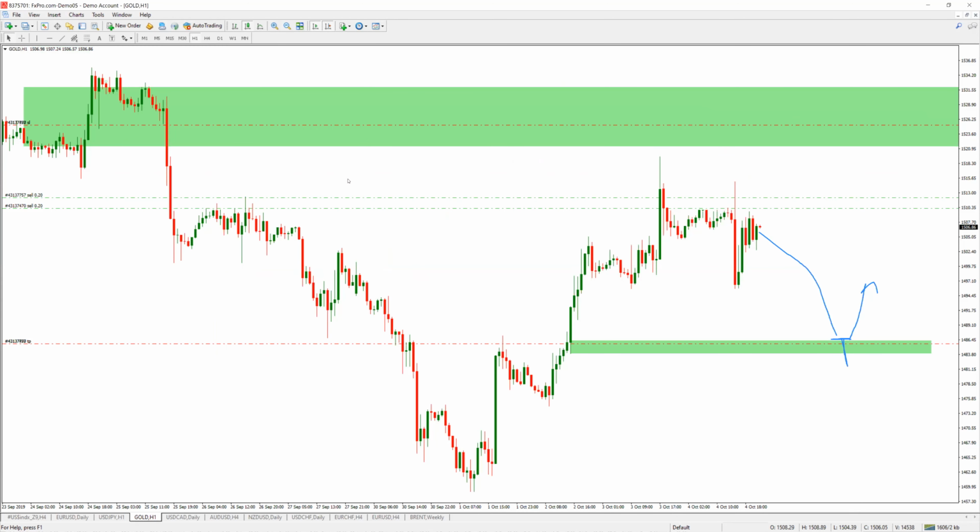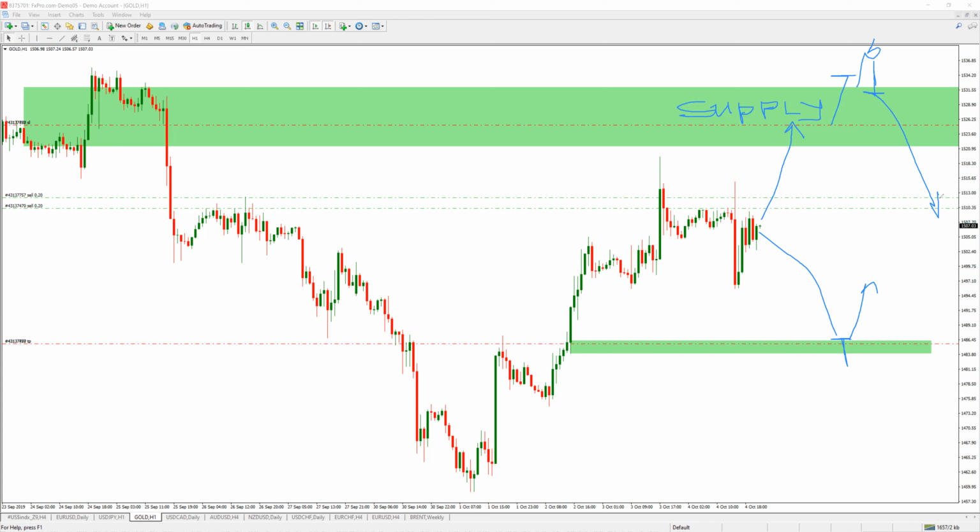Every time gold rallies up into this supply zone here, you expect 1531 to be tested, right? If it closes above 1531, then you know that it's going to go all the way to the upside. But if it rallies and then closes below, then you know it's going to come to the downside.